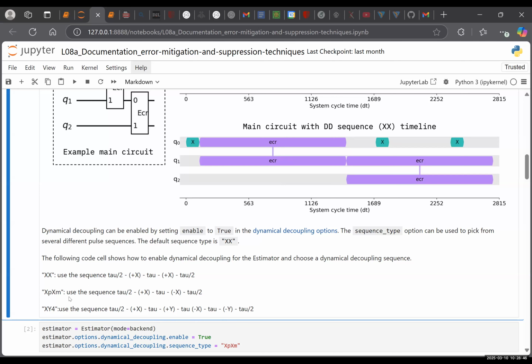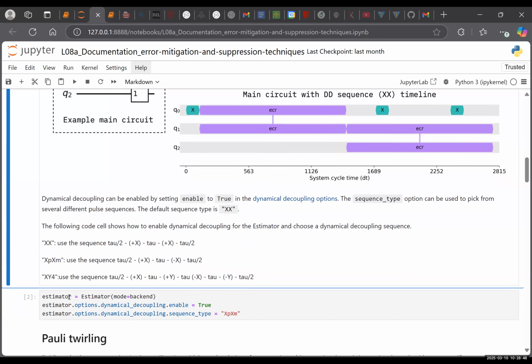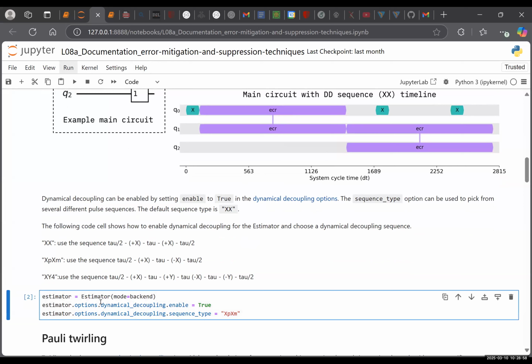Let's go, XY4, and we used this sequence earlier. So for example, you could set this in the options here: estimator mode equal to backend, then the estimator options dynamical decoupling enable true, and then you can choose the sequence type.